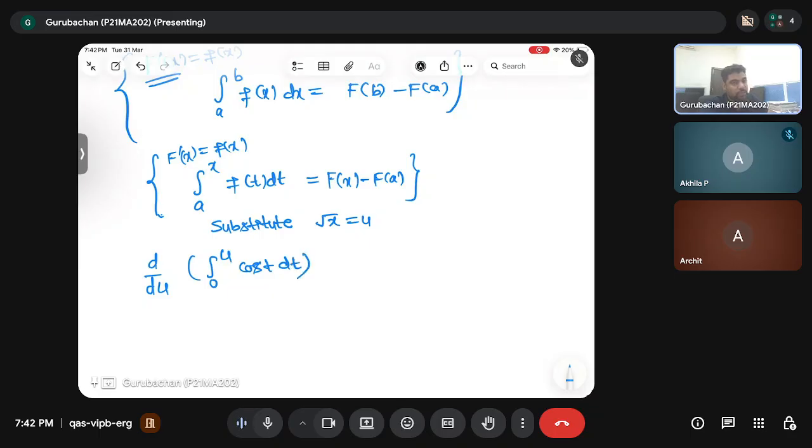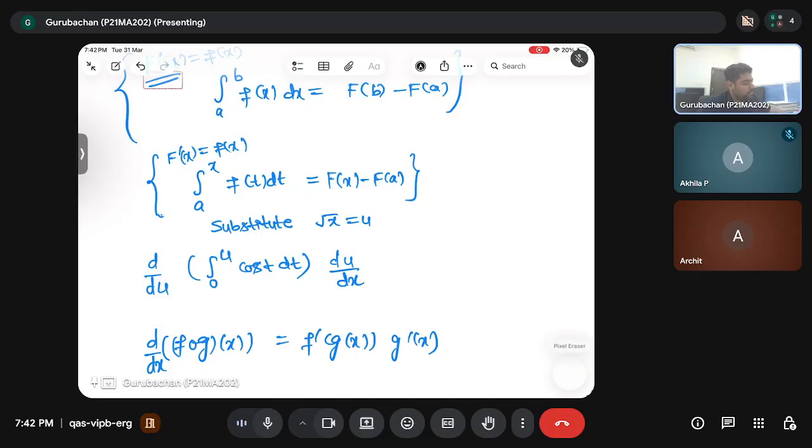We are just differentiating the terms that involve x. The only term involving x is under root x, and the left term will be du by dx. This is the chain rule: d over dx of f composition g at x is f dash g of x times g dash of x.